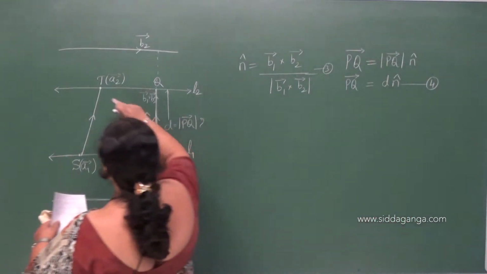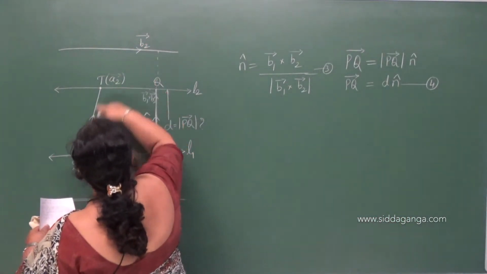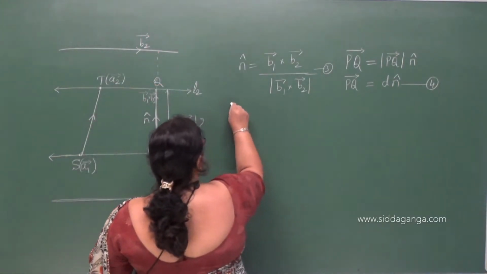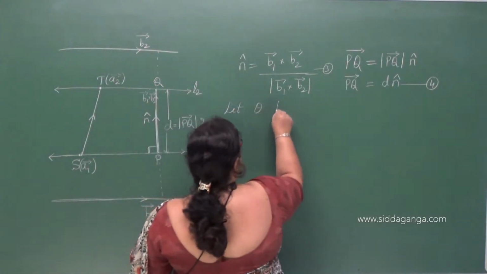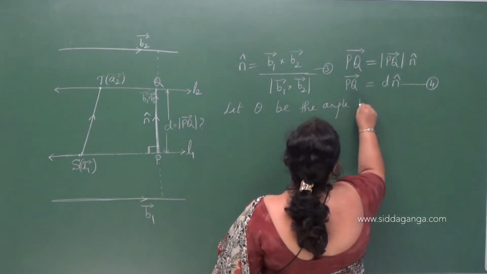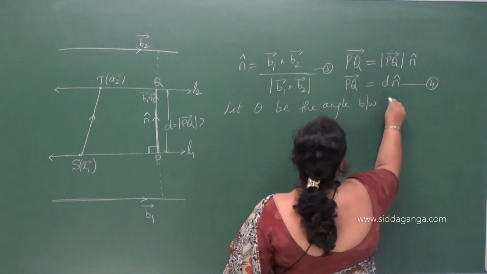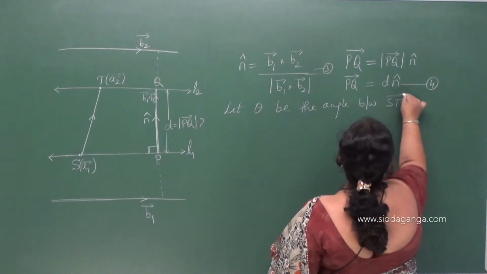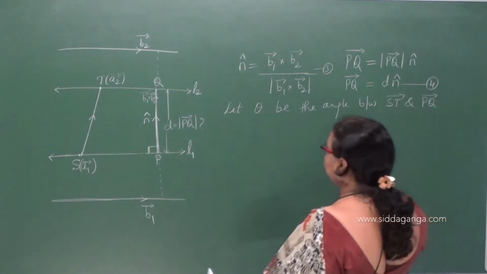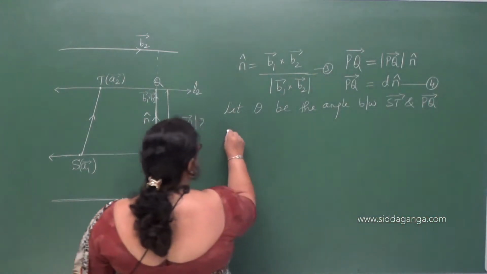Now theta is the angle between vector ST and vector PQ. Let theta be the angle between vector ST and vector PQ. Then you define cos theta.